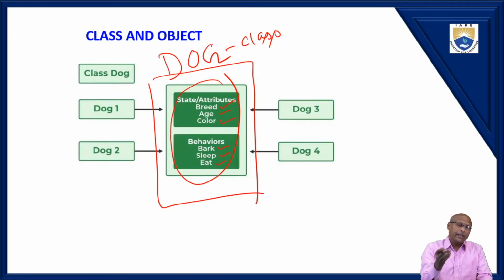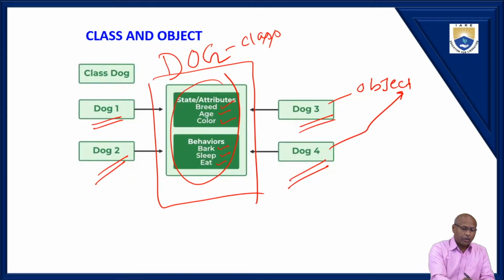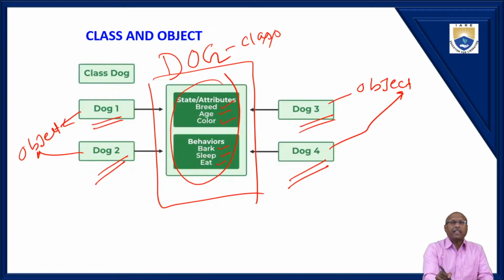That means every object is a Xerox copy of the class. So here, dog 1 is an object, dog 2 is another object, dog 3 another object, dog 4 another object. But dog is a class.